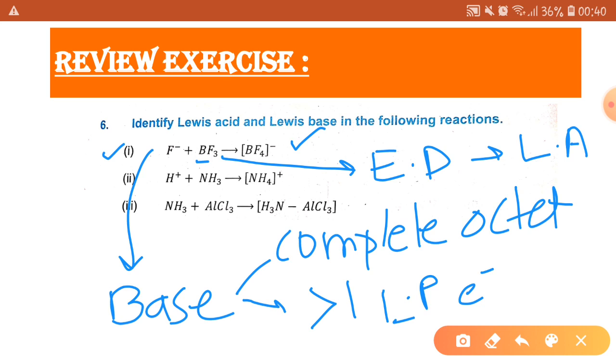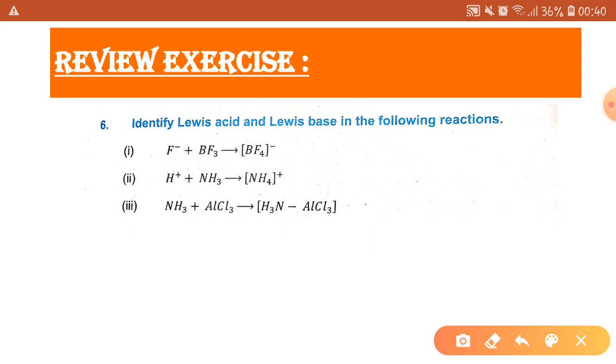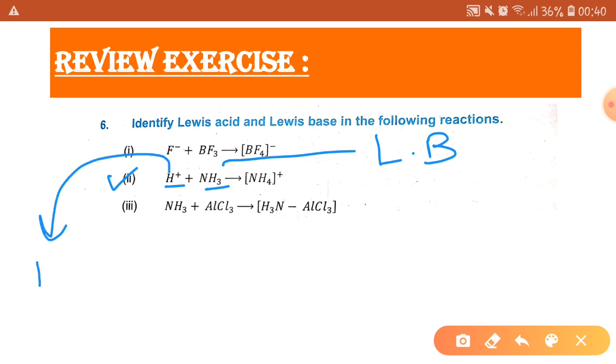Now moving towards another example. In this example we have a hydrogen ion and the ammonia molecule. The ammonia molecule is acting as a Lewis base because it has a lone pair of electrons on the nitrogen atom, and the nitrogen atom has a complete octet. The hydrogen ion is acting as a Lewis acid here because it is an electron deficient species and it can accommodate the incoming electron pair.